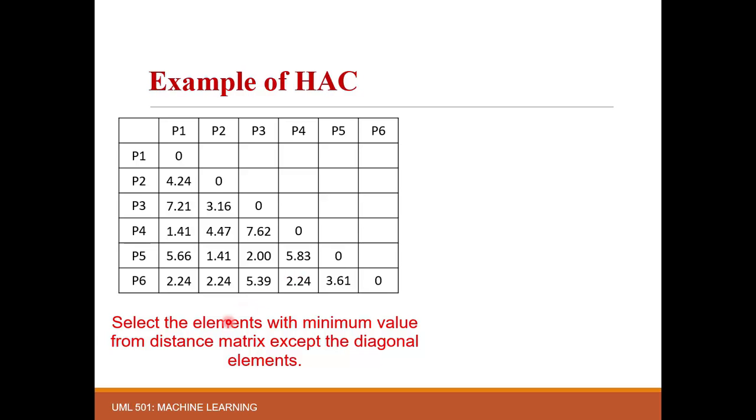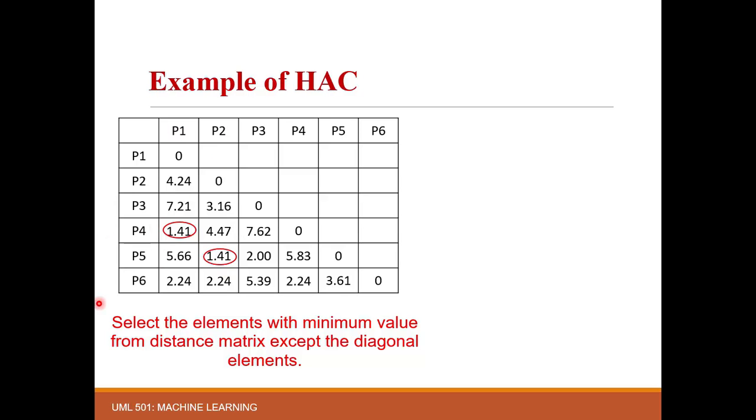After finding the minimum value, note down the corresponding data points or data labels at the row and column. Here our minimum values are 1.41 and 1.41, and they correspond to the data point pairs P1 P4 and P2 P5.